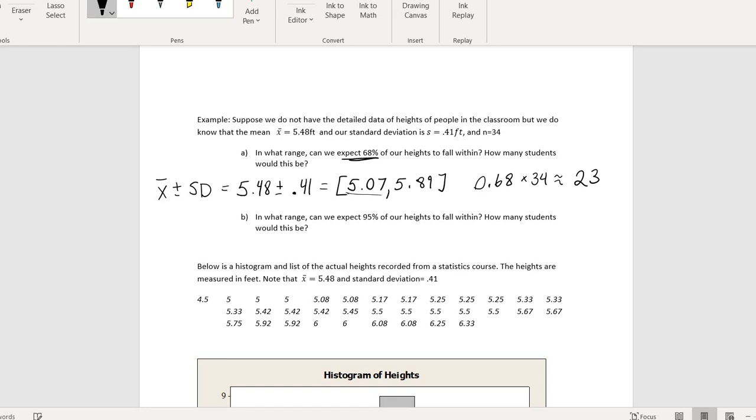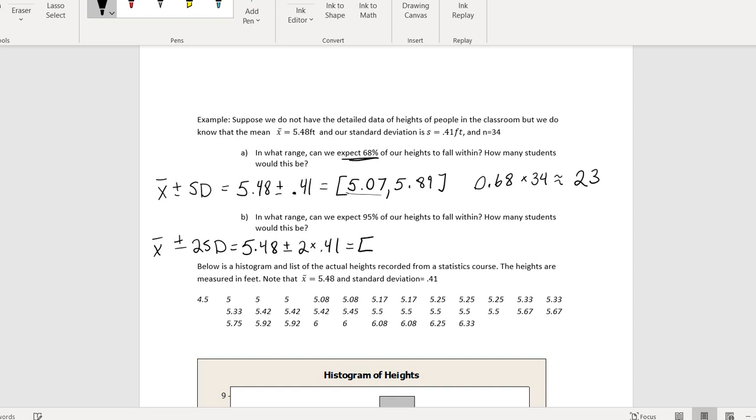Now, if I want to do 95%, I'm going to have to add and subtract 2 standard deviations. So that's going to be x bar plus or minus 2 standard deviations. That would be 5.48 plus or minus 2 times 0.41.